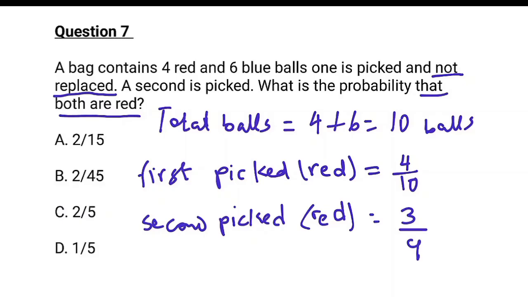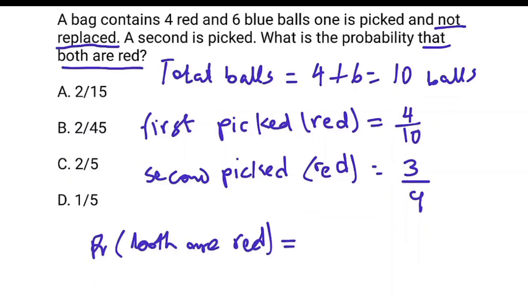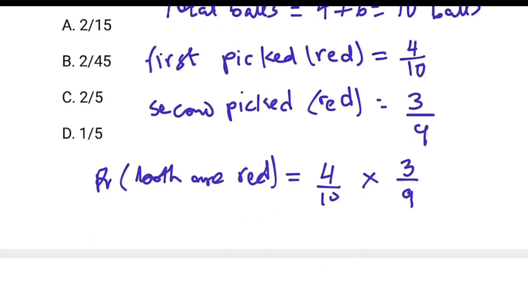So whenever you have that, the favorable outcome and the possible outcome will be adjusted. So we are going to have 3 over 9. So now, to find the probability that both are red, it is now going to be 4 over 10 multiplied by 3 over 9.